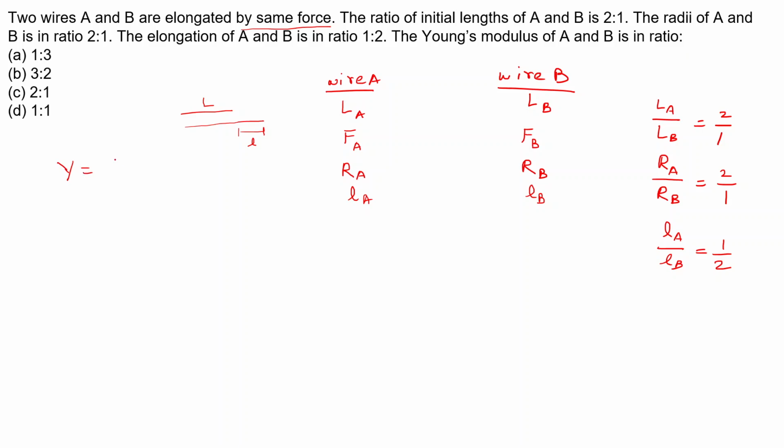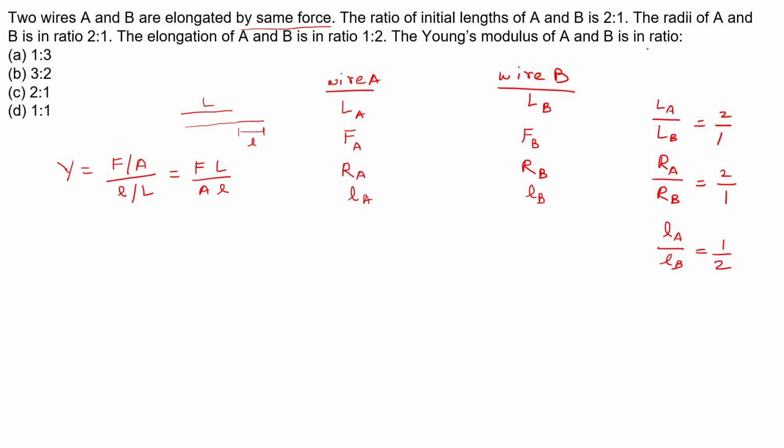Recalling that Young's modulus is force per unit area divided by the change in length over original length. Here we are denoting the change by small l, and this is the original length. So simplifying, it will become F times capital L by A times small l.